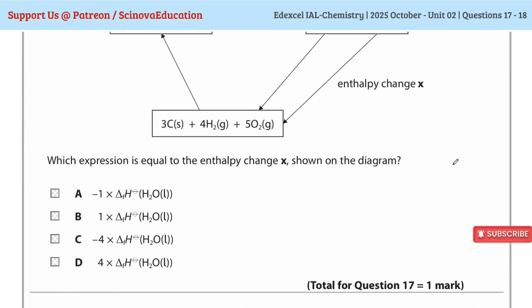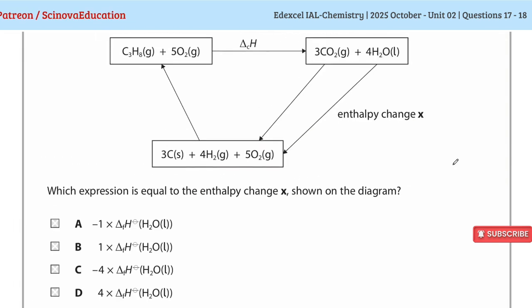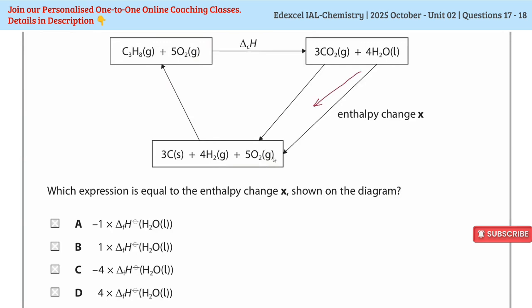All the enthalpy values given in the options are in terms of formation enthalpies of water, but we can't see any formation enthalpy if you consider only this direction of this arrow. But if you change the arrowhead to the other side, you can see it is 4 times delta H formation of water.